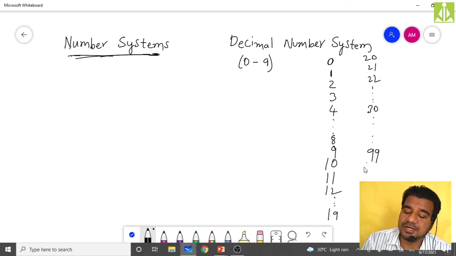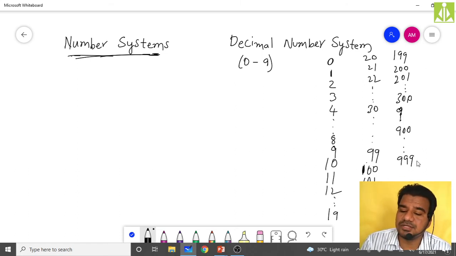Now we put 1 in the hundreds position, then 1 0 0, then 1 0 1, 1 0 2, and so on, 120, 130, and so on, 199, then 200, 201, and so on, 300, then 900, and so on, 999 we are reaching.